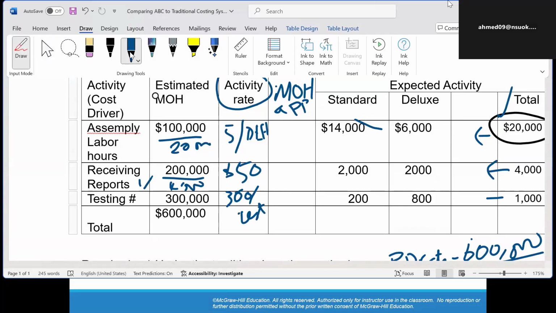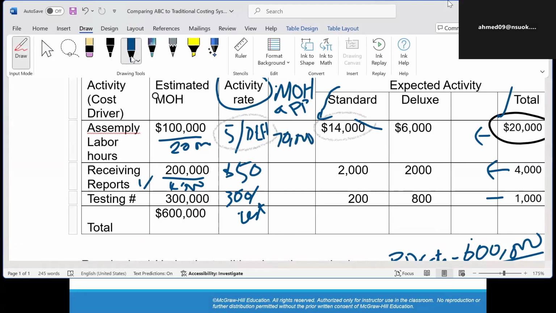Calculated that. And when we multiply this 5 by the 14,000, how much are we going to get? It would be 5 times 14,000, that gives me 70,000.